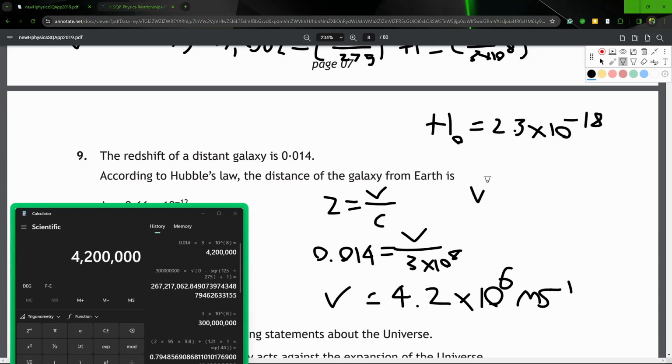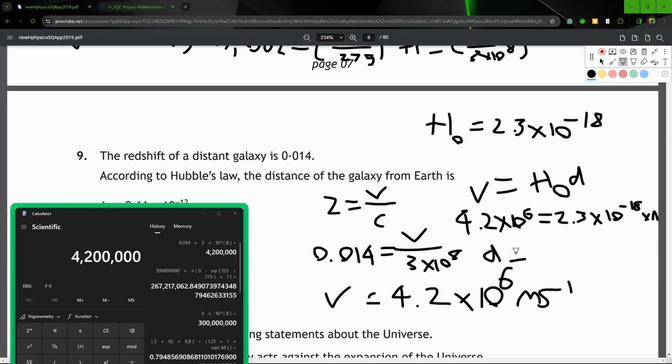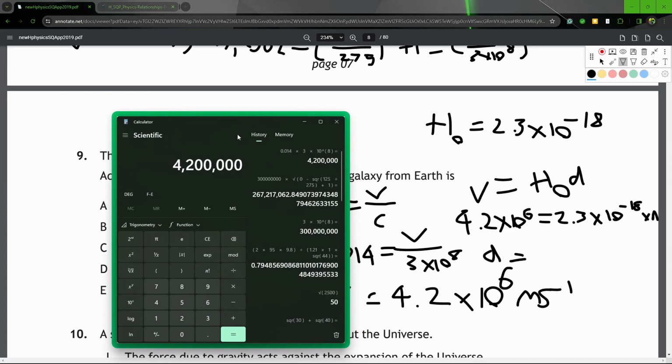Okay, and then V equals Hubble constant times D, so 4.2 times 10 to the 6 equals 2.3 times 10 to the minus 18 times D, which means D equals 4.2 times 10 to the 6 divided by 2.3 times 10 to the minus 18.